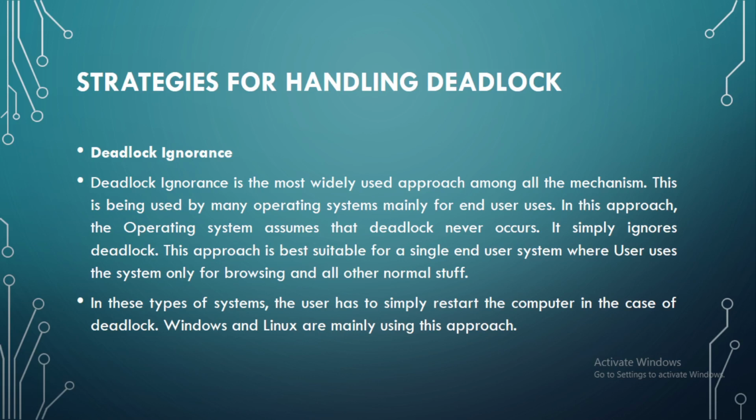It simply ignores deadlock. This approach is best suited for a single end user system where the user uses the system only for browsing and other normal stuff. In these types of systems, the user has to simply restart the computer in case of deadlock. Windows and Linux mainly use this approach.